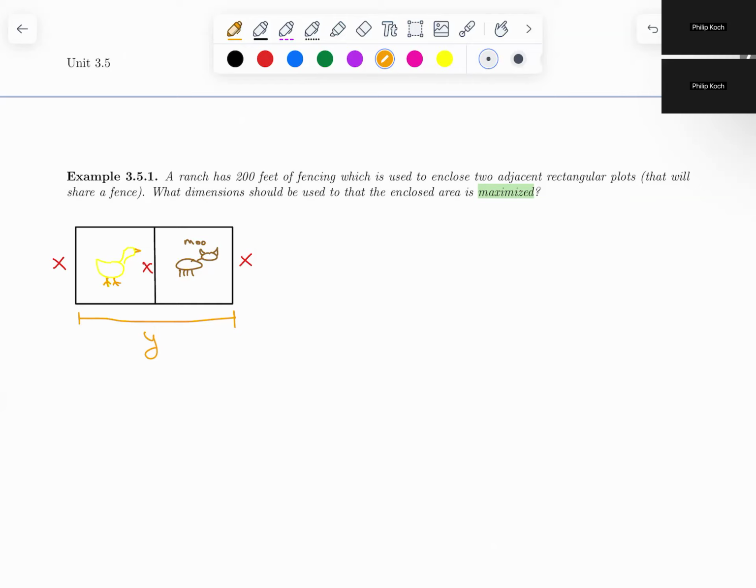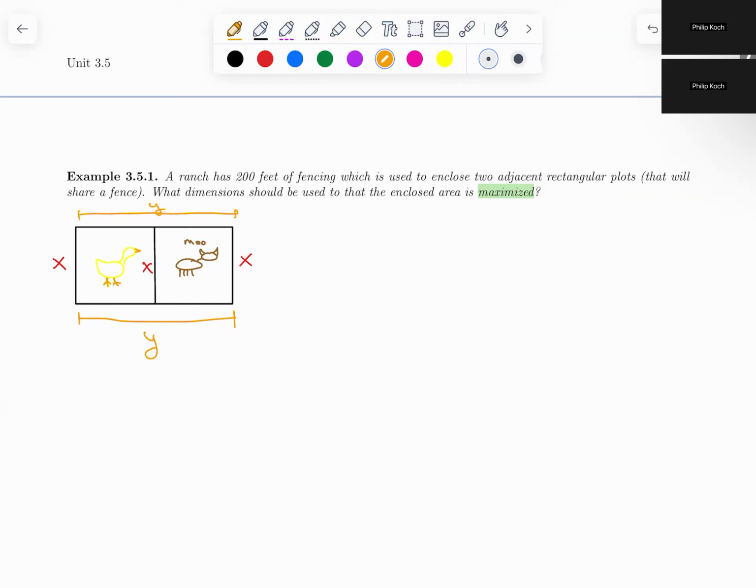One Y? That's fine. At the end of the day, you will get the exact same answer, except your Y will be half as big if you do Y and Y. If you do Y, Y like this, then your answers for Y will be half as big, but that's okay because that's the correct measurement based on your problem. It does not matter which one you choose.